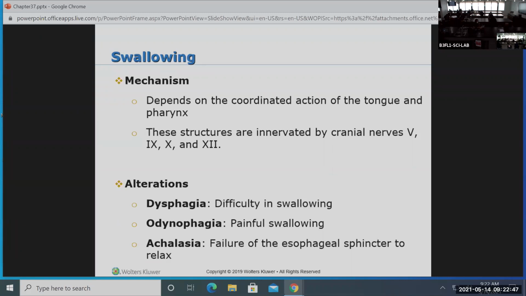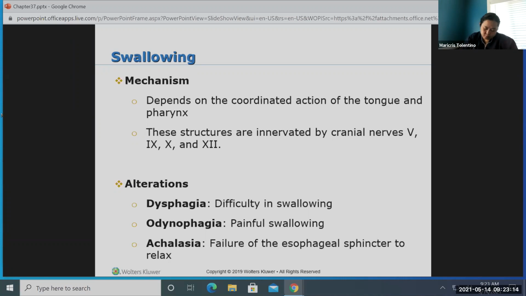All the structures taking part in swallowing are innervated by the trigeminal nerve, which is the fifth cranial nerve, the ninth cranial nerve, which is glossopharyngeal, the 10th, which is vagus, and the 12th cranial nerve, hypoglossal.